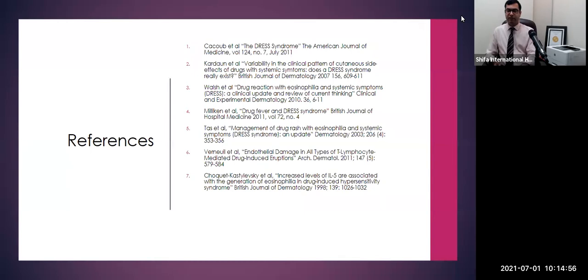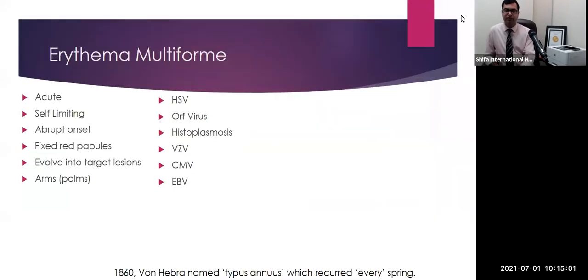And with that, we'll conclude DRESS, but we'll move on to the next topic in line, which is erythema multiforme. Now, again, as I mentioned, erythema multiforme will be discussed in detail when we are talking about dermatological emergencies. But just here, a little bit of background.